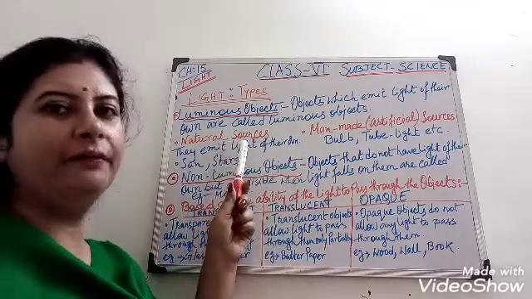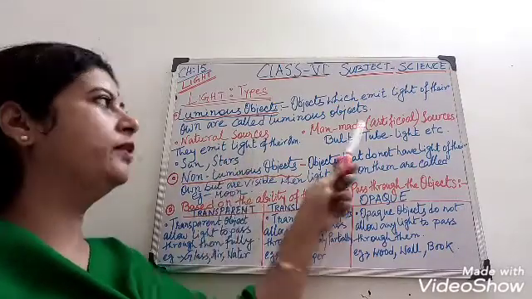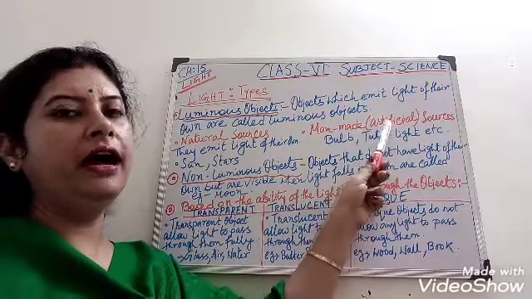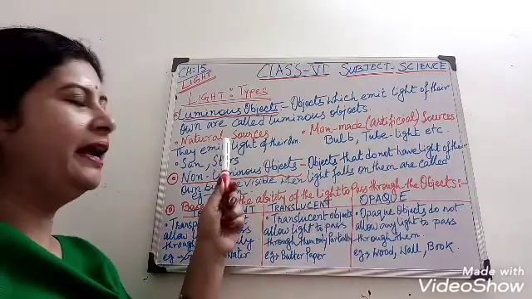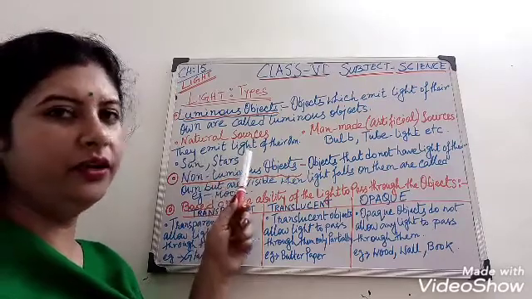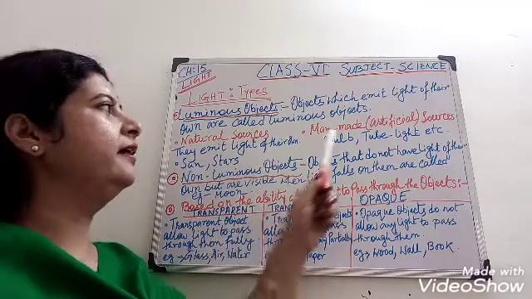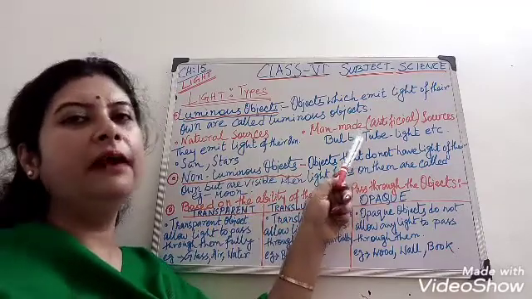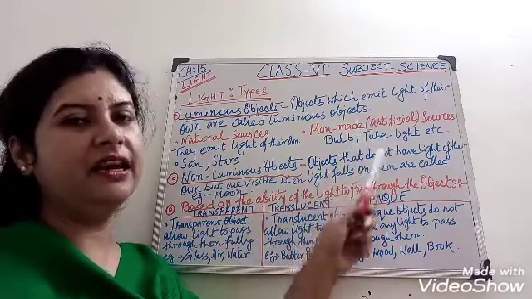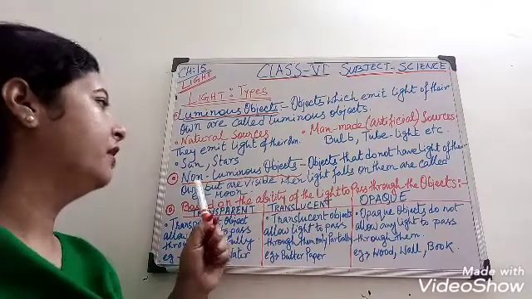Luminous objects can also be classified in two groups: one is natural source, the other one is man-made or artificial source. Natural sources emit light on their own. Sun, star are natural sources of light, and man-made sources, bulb, tube light, etc. also emit light on their own.